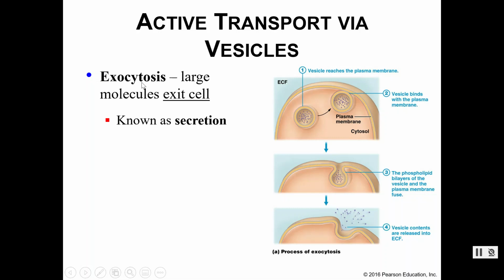Endocytosis would be bringing something into the cell. So say we have made these little proteins inside of our cells, but they are supposed to function outside of the cell. We can fuse with the plasma membrane. We can open up to the outside, and the vesicle can release the contents into the extracellular fluid. And these will go on to do whatever their function is. It's just going to be outside of the cell.